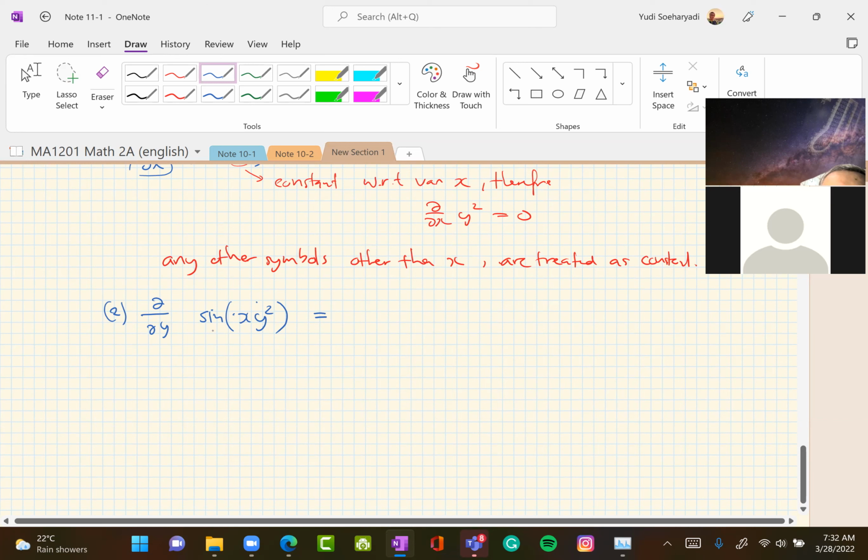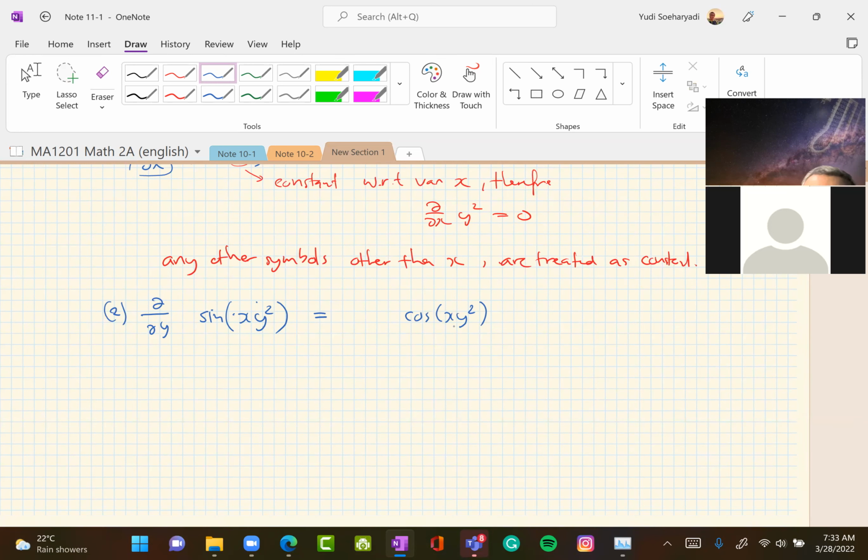So sine becomes cosine, the same angle, xy squared. And then times, because of the chain rule, you multiply by the derivative of what's inside. The derivative of what's inside, with respect to y, is just 2y times the constant. The constant is x. So you get this one.